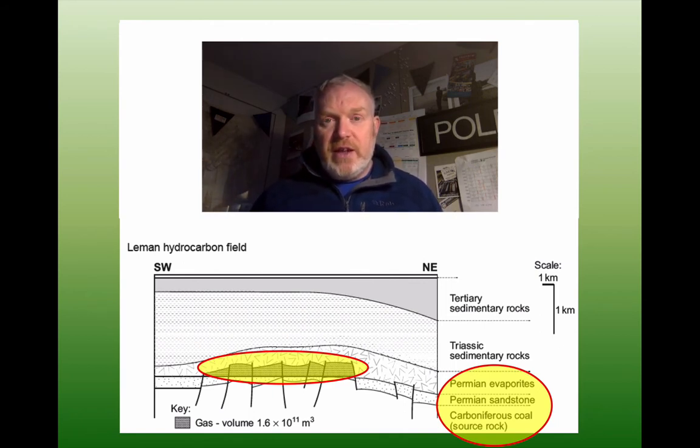They also, if you like, can flow a little, so they actually heal themselves if they get fractured. It's a tremendous cap rock. The sandstone I've talked about already. Also, just below that, we have the original source rock for the gas, which was Carboniferous coal. So if any gas is injected into that coal, it will solidify.